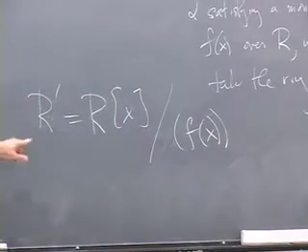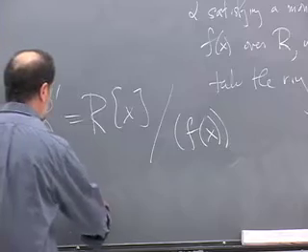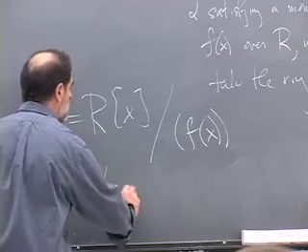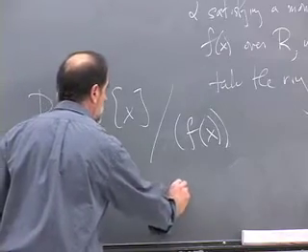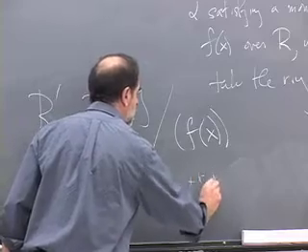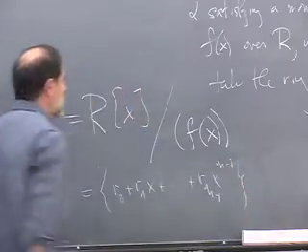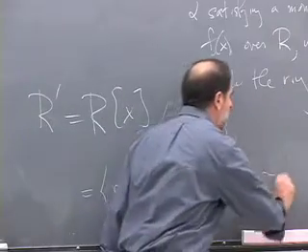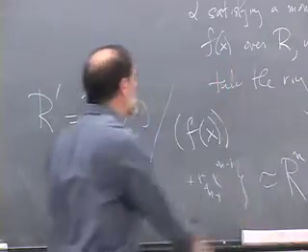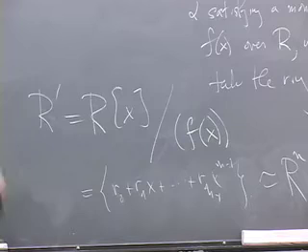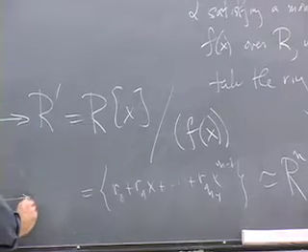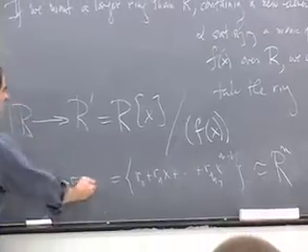And this contains all things of the form r0 plus r1 x plus up to r_{n-1} x to the n minus 1. So it looks like n copies of R as an abelian group. It contains R, just mapping an element r into the constant r0.